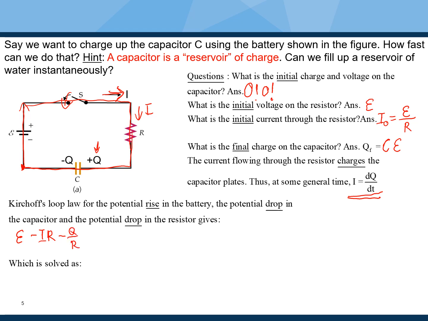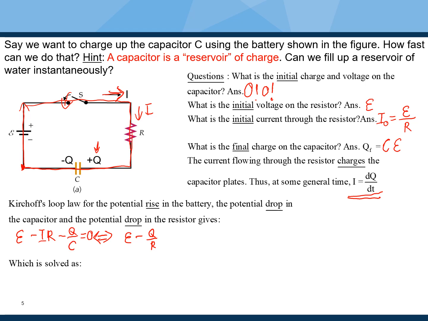Now realize that this total is equal to 0. This is equivalent to writing E minus Q over C. I'm sorry, I should have written Q over C, which is the voltage drop across the capacitor.